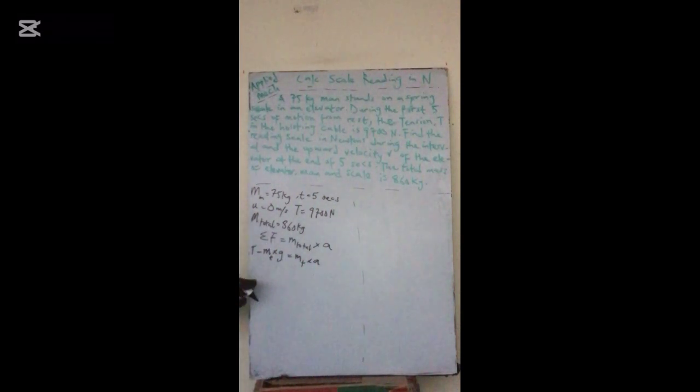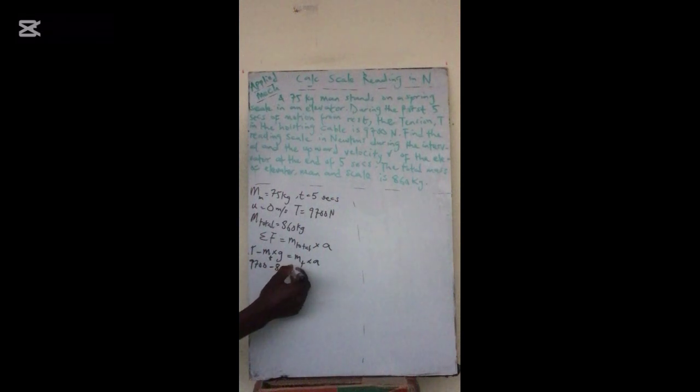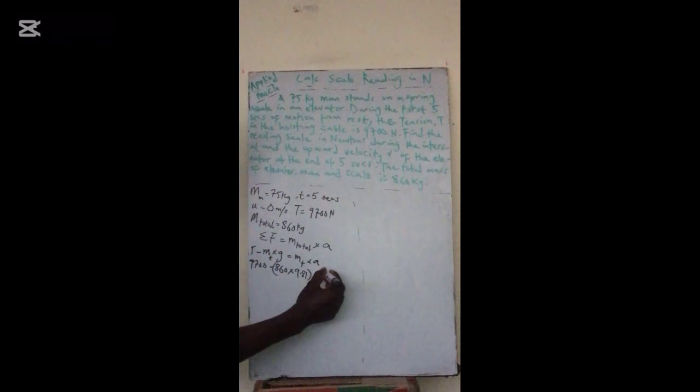So going on from here, we are going to insert our values. We have 9,700 minus our M total, which is 860, multiplied by 9.81, that's our gravity, is equal to M total, 860, multiplied by A. We are calculating for acceleration, remember.